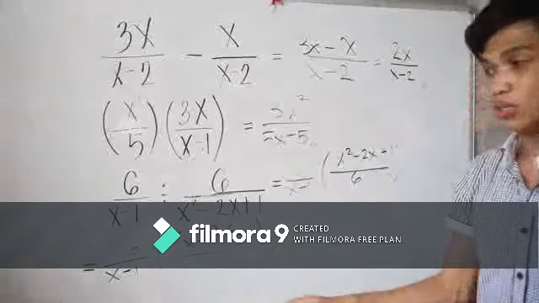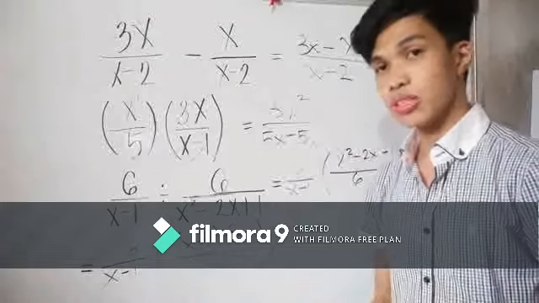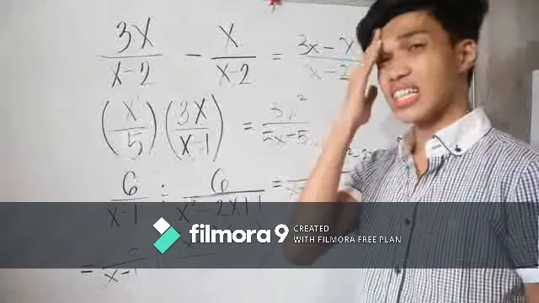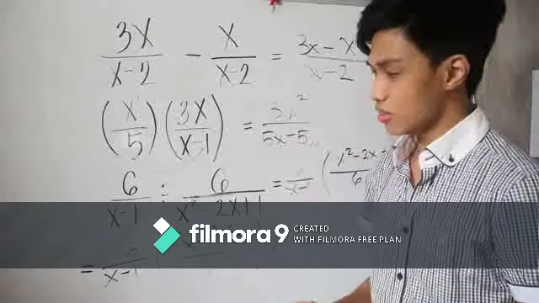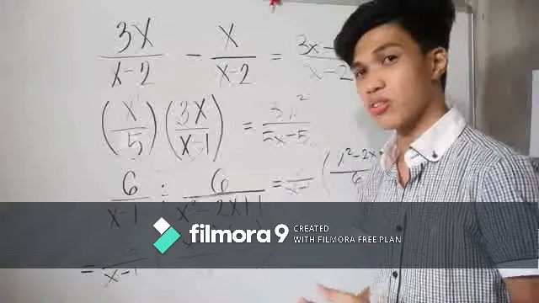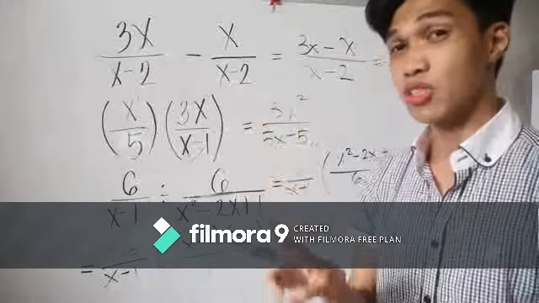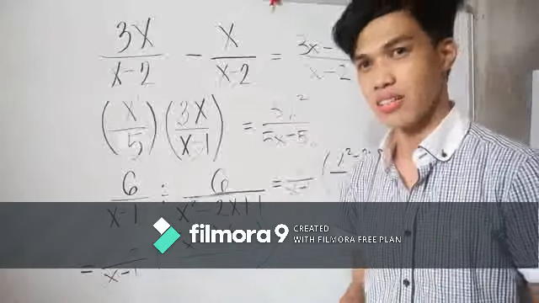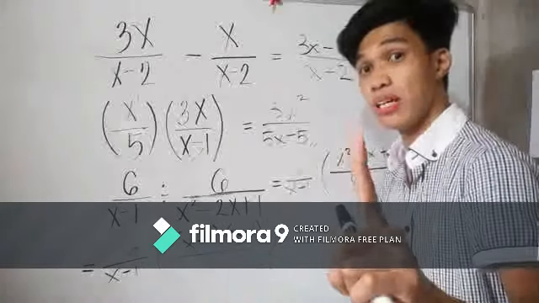That will be equal to. So for multiplication, we can also use the cancellation method. We are just dividing the two same numbers or variables, so it looks like they cancel. Just like this one, 6 divided by 6 would be 1.